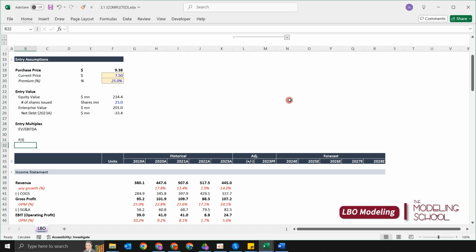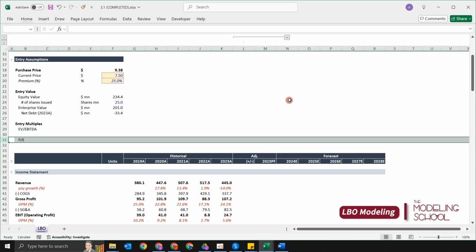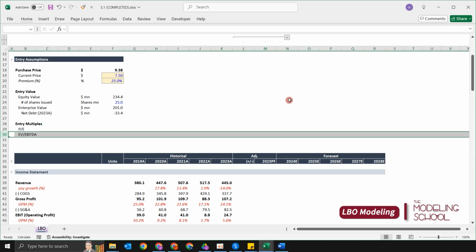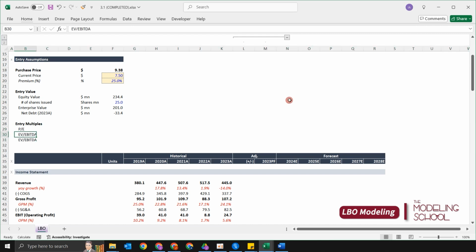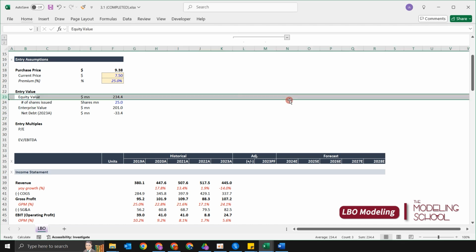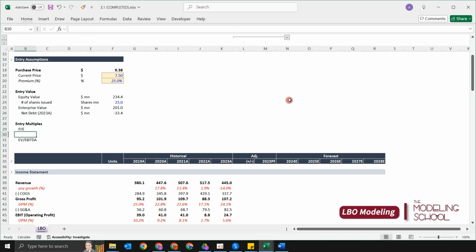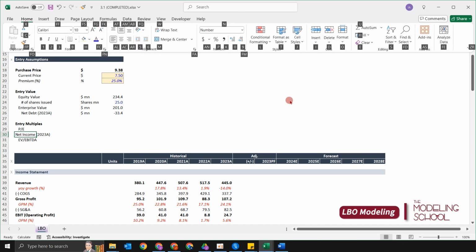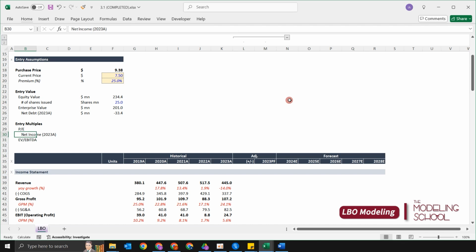Actually, let's change these orders for consistency, because we've stated equity value first. So in order to calculate price to earnings multiples, we need the net income. If you have LTM net income, that should be the best practice. Unfortunately, we don't have LTM for now, so we're going to use 2023 full year net income instead.